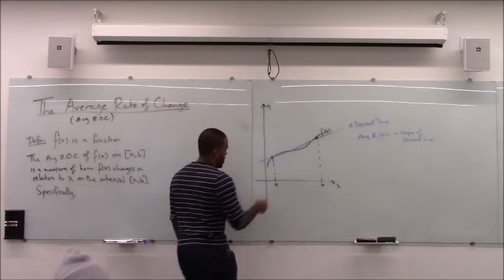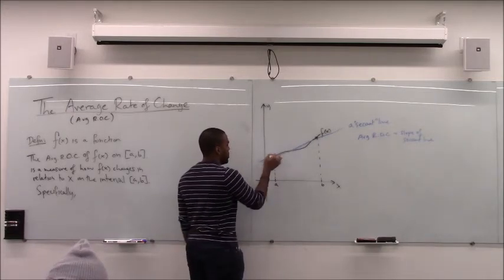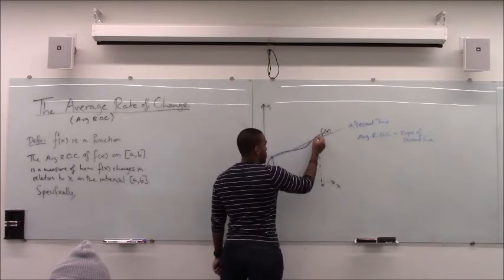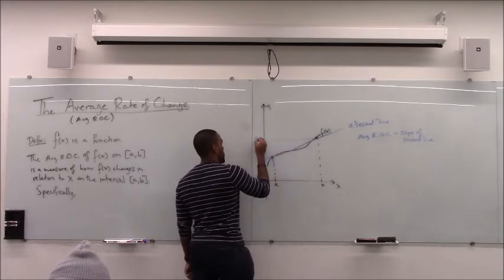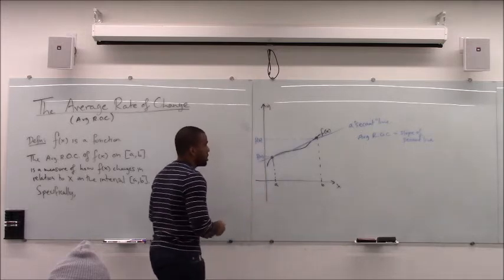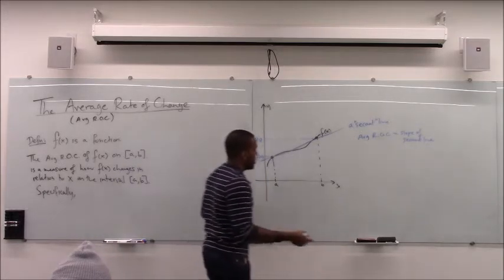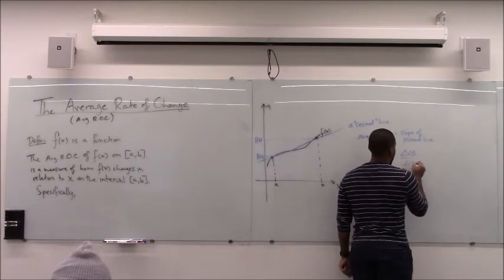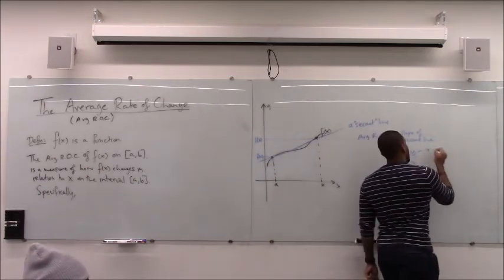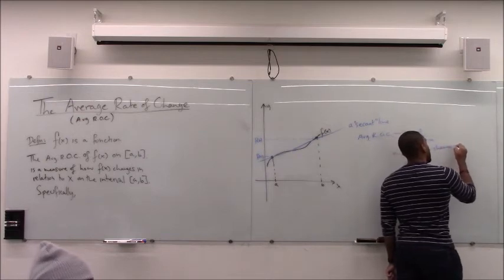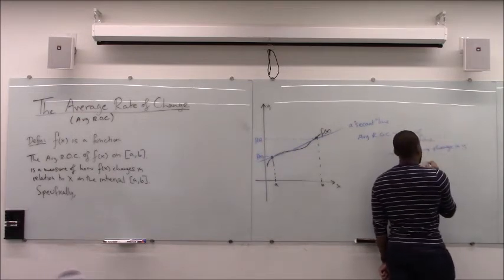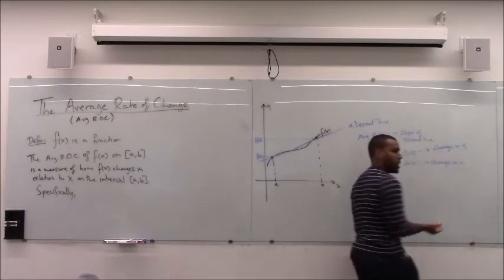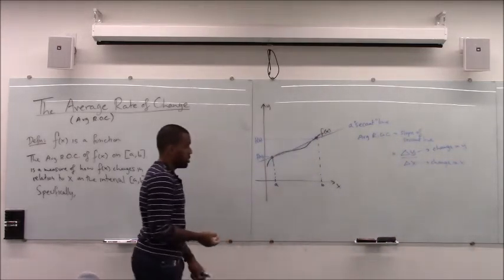So basically, here's your A, that's your x value. If you look over there, that'll be your f of A. Here's your B value, which means the corresponding y value is f of B. And so how we think about this is basically delta y over delta x, where this represents the change in y and this represents the change in x. So it's just talking about how y changes in relation to x, which is what this is saying.